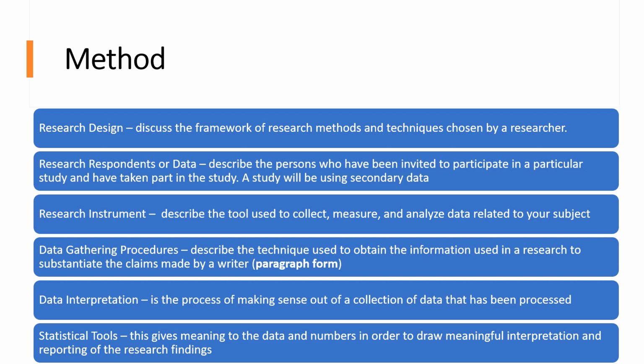It's the process of making sense out of the collection of data that has been processed. And the last one is the statistical tools. So this gives meaning to data. You must discuss what statistical tool you will use to answer the objective of the study.